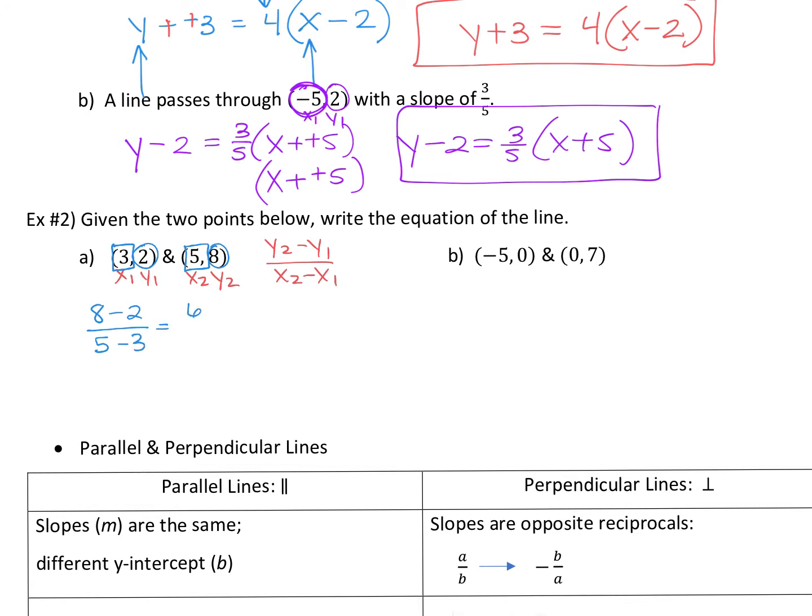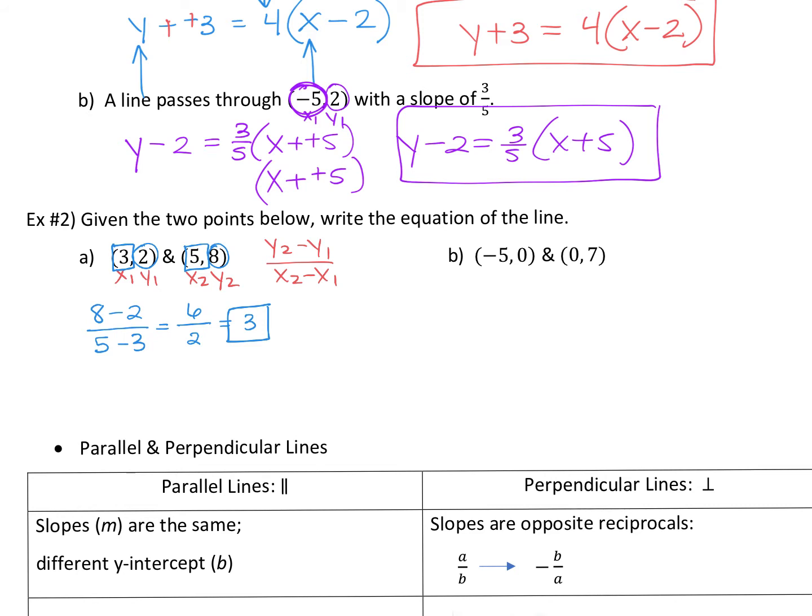Okay, so 8 minus 2 is 6, 5 minus 3 is 2, and then you just simplify that. 6 over 2 is, excuse me, 3. Okay, what is that? That's your slope, okay?